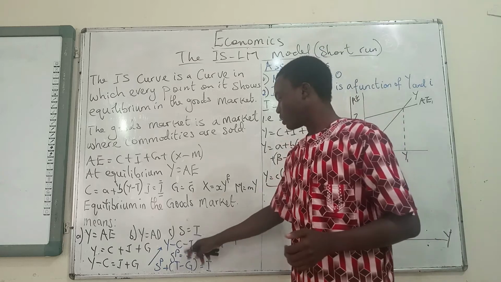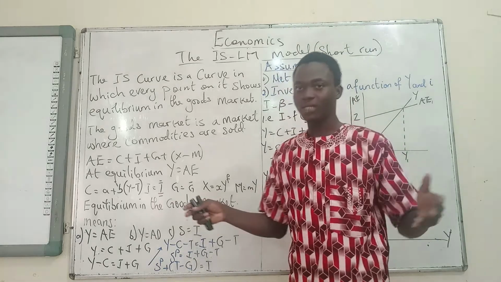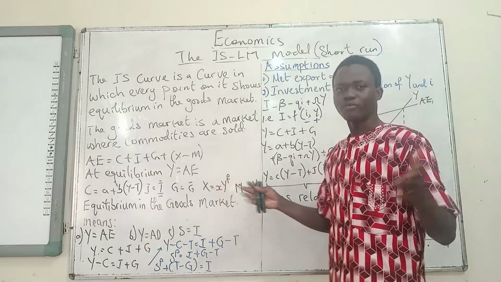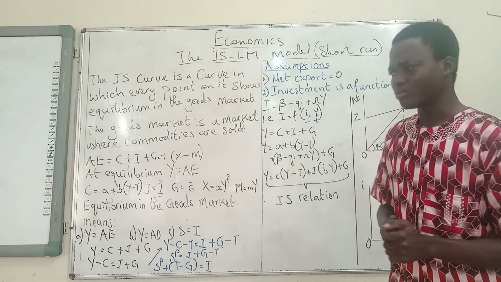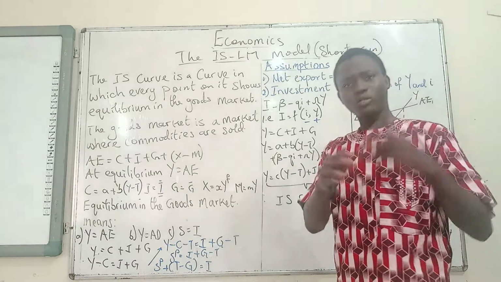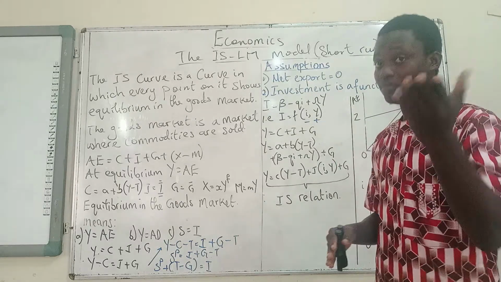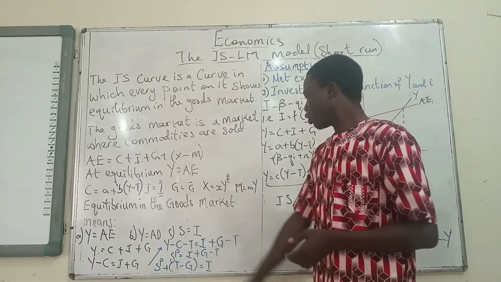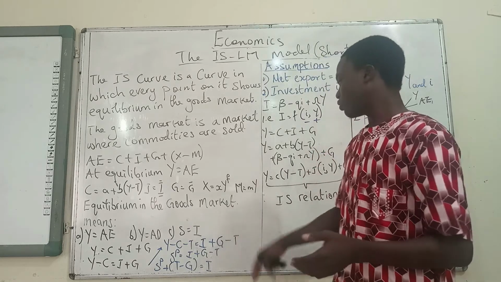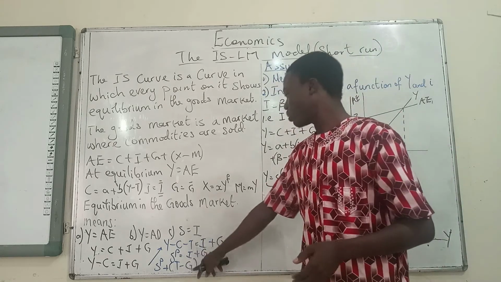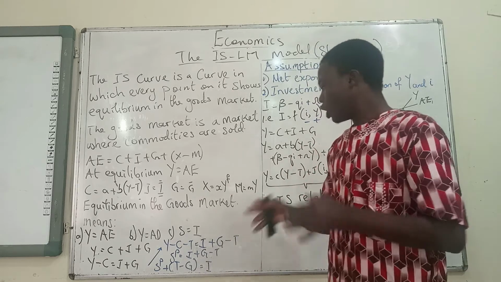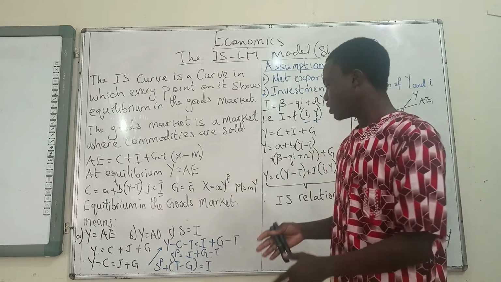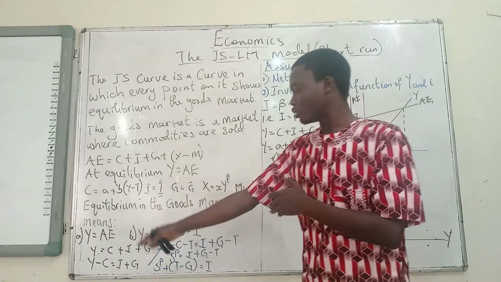Now, Y minus C minus T is private savings. We've talked about national savings, and I think we have a video on national savings, which is one of the classes that you really have to attend to understand some of these things. So I plus G minus T, of course. So this is private savings, which equals investment plus G minus T. So we bring G and T to the left hand side.